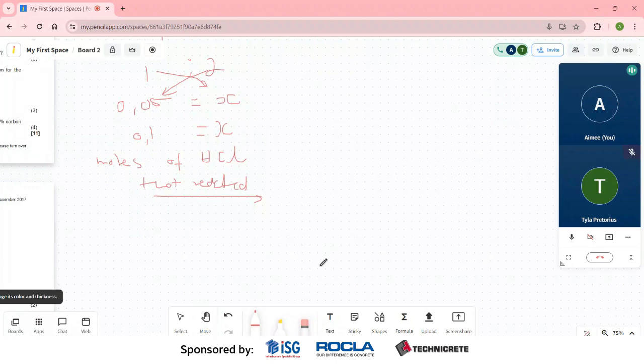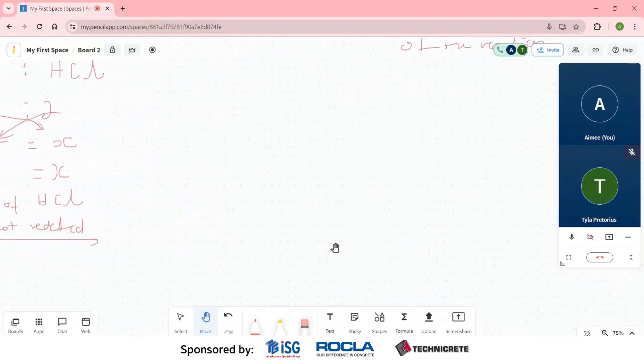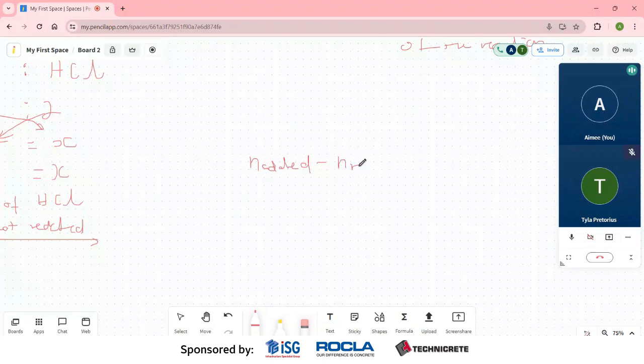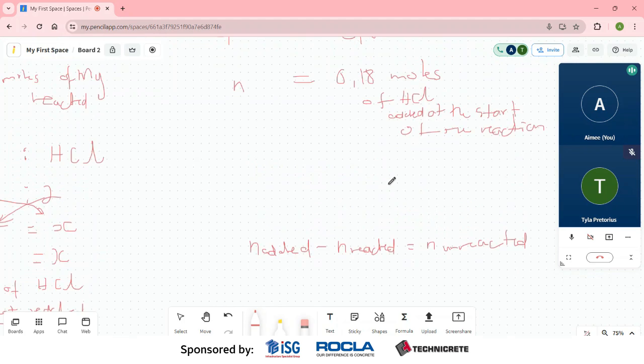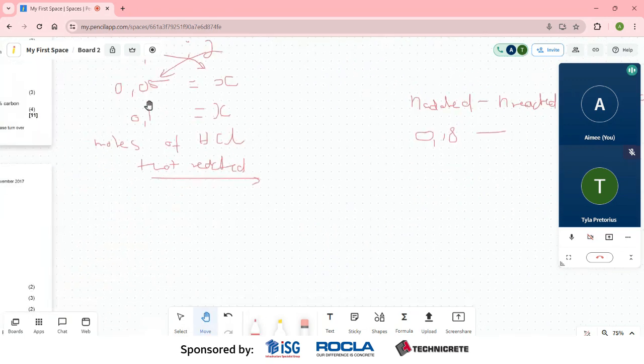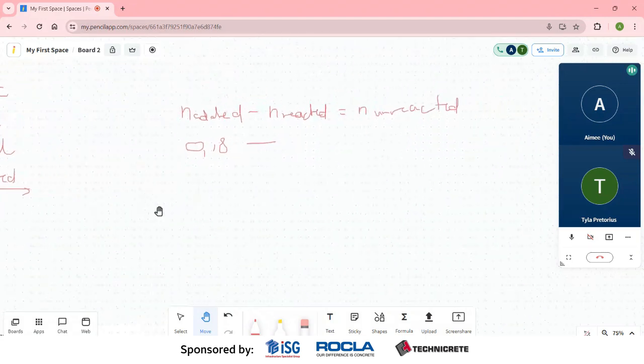So what do we do to get the unreacted? We say moles added minus moles reacted equals moles unreacted. So we take our number of moles added, which was 0.18, that was the value we got over here, and we minus the moles that reacted.